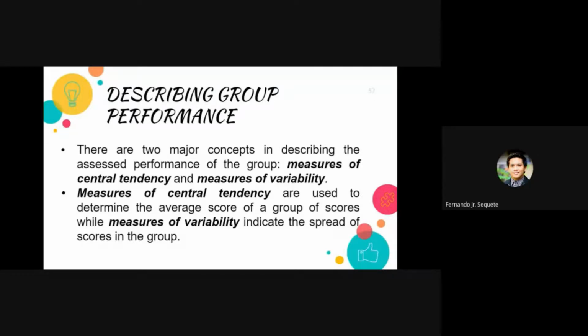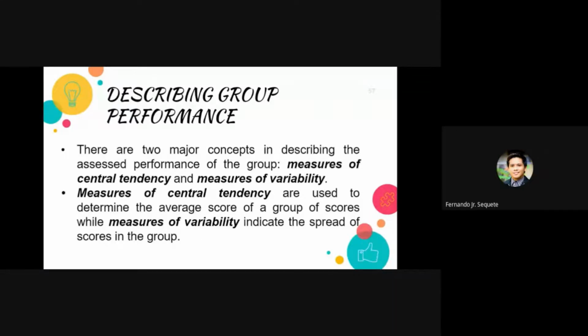Yung sa central tendency, ito yung mga statistical tools that could identify the average performance of the group, kanang basic concept na i-add lahat ng mga scores and then i-divide. That's our basic idea: average score of the group.